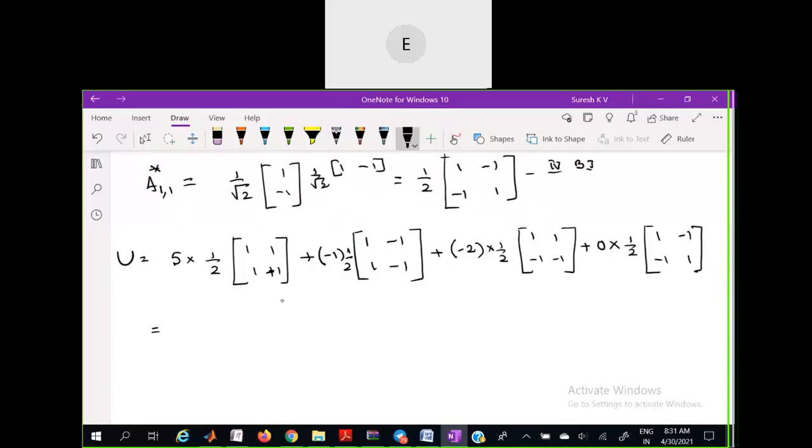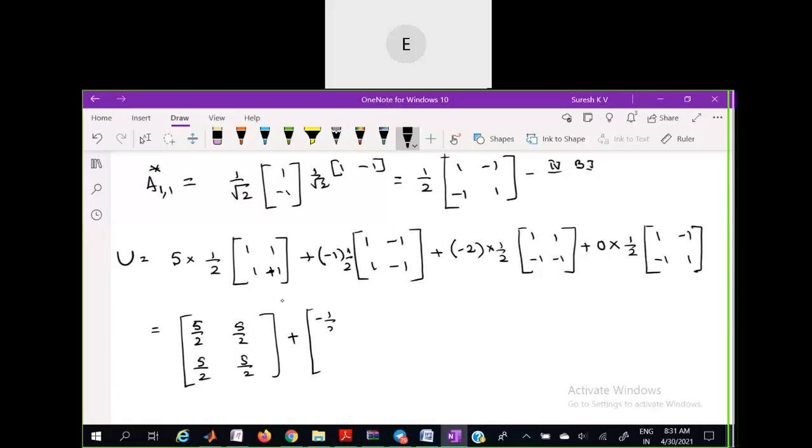So this is 5 by 2, 5 by 2, 5 by 2, 5 by 2. So the first matrix is this. And here if I multiply, it will be minus, so let me write that as plus here and take the minus sign inside.